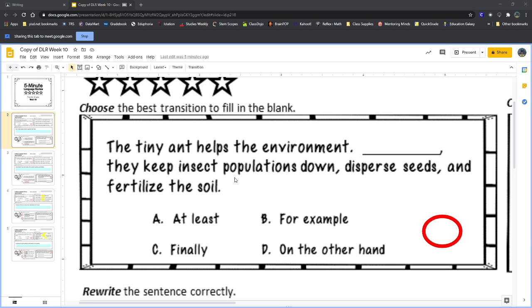And if you started giving me a list of good ice creams and you said, well, vanilla is really good, and so is chocolate, and then chocolate chip, and then also mint, and then also cherry, and then also caramel, and then also strawberry. And then when you get to the end of your examples or the end of your explaining, you would say, finally, I don't know, pistachio is also really good. So finally is when you've already spent a lot of time explaining or giving examples and you get to the end.